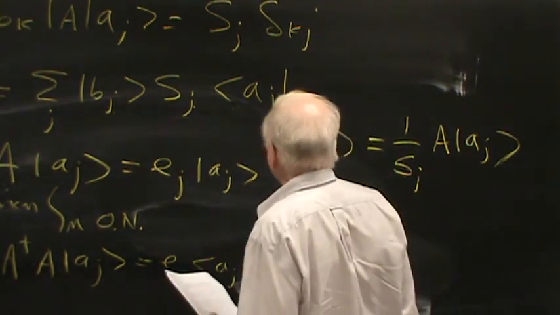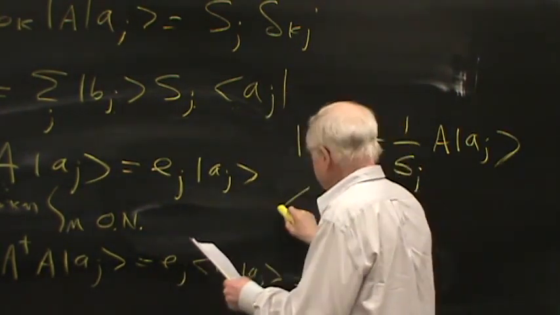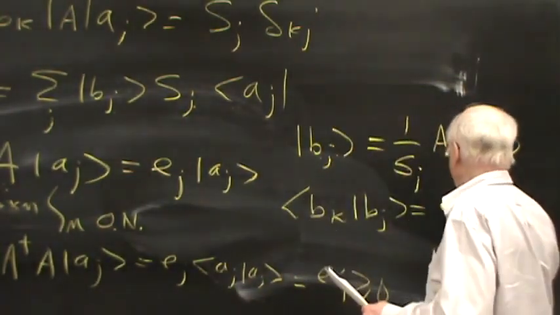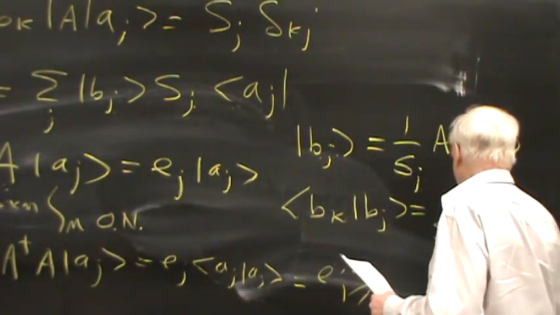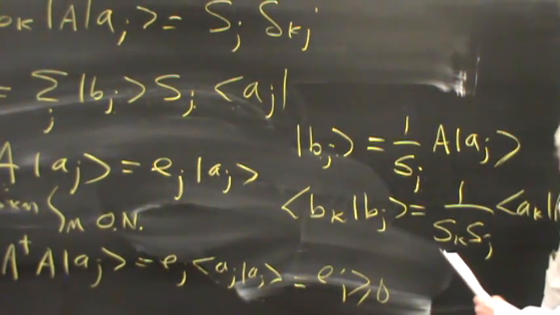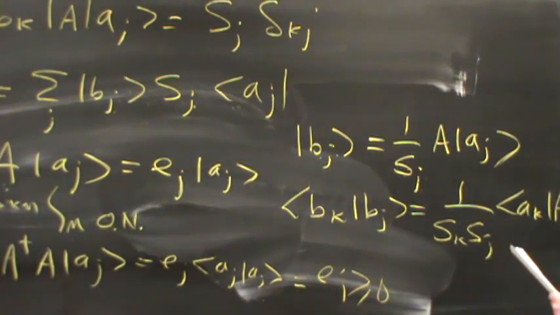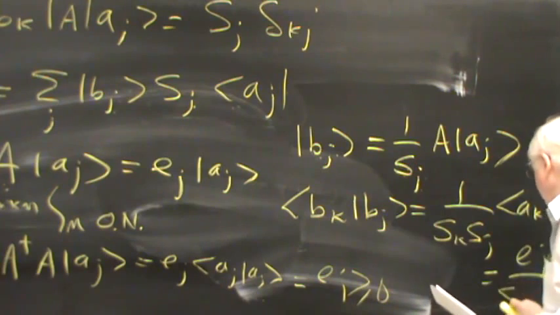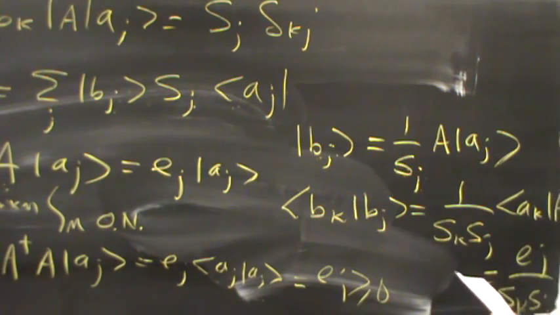All right. Let's take the inner product of these things. ⟨bk|bj⟩ is 1 over sk sj, ⟨ak|A dagger A|aj⟩. This is then Ej over sk sj times ⟨ak|aj⟩. This is delta.